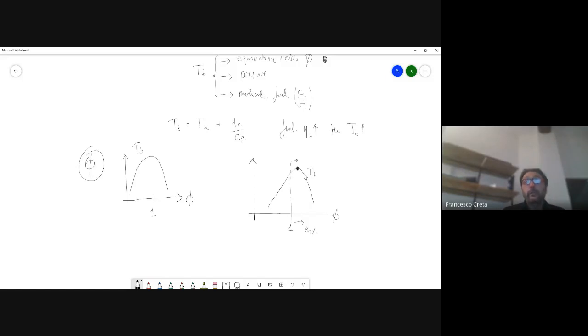Well, the short answer is that on the rich side, recombination reactions, which are exothermic, are more likely, more probable.